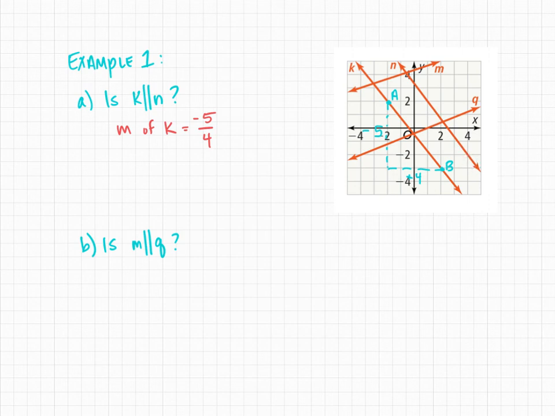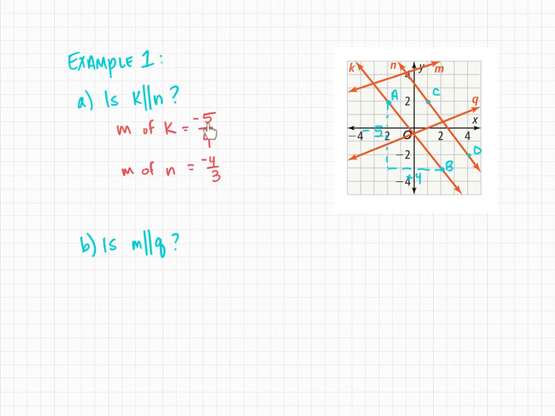So I'm going to label those points as, let's say, C and D. Now to get from point C to point D, I can go down 1, 2, 3, 4, and over 1, 2, 3. So it looks like the slope of line N is equal to negative 4 over 3.